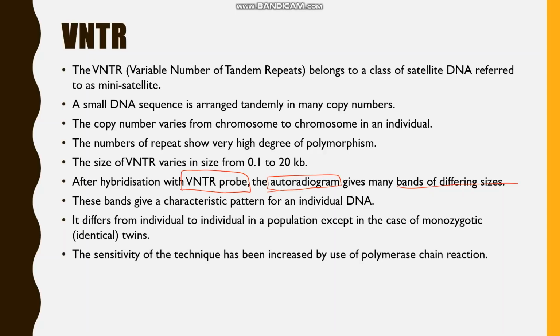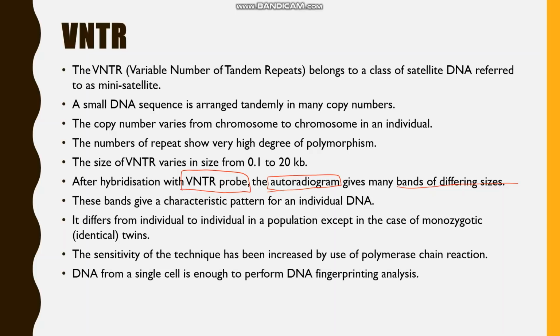The sensitivity of the technique has been increased by the use of polymerase chain reaction. In DNA fingerprinting technology, we take the assistance of polymerase chain reaction, because if we have a very small amount of DNA, such as DNA isolated from a single cell, such DNA molecules can be amplified by using polymerase chain reaction.